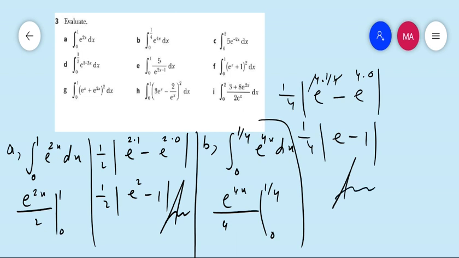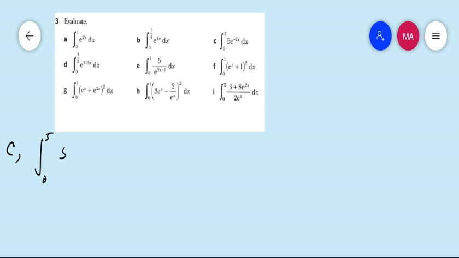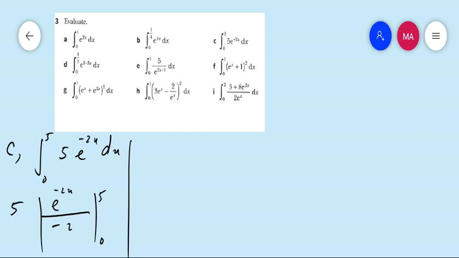Move to part C. Integrate 0 to 5, e^(minus 2x) dx. 5 goes outside, e^(minus 2x) integration is e^(minus 2x) upon minus 2 and limit is 0 to 5.